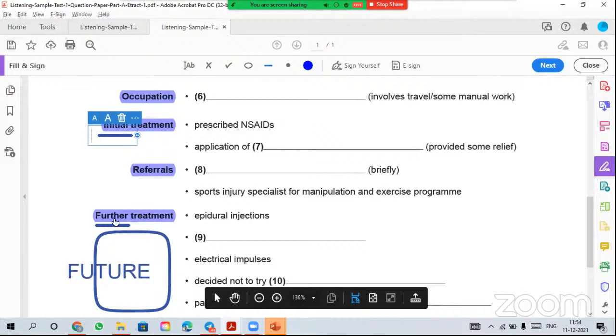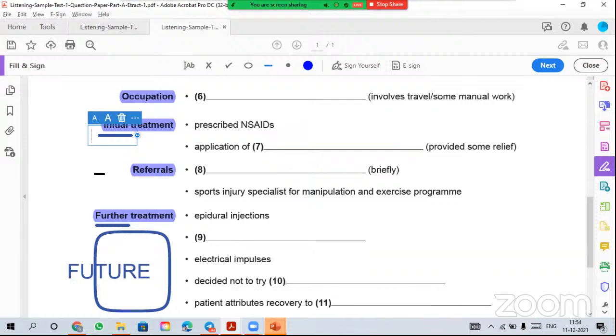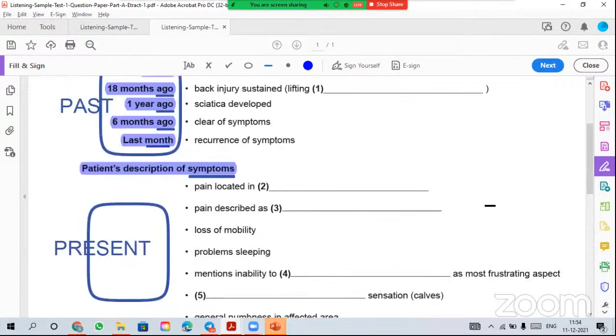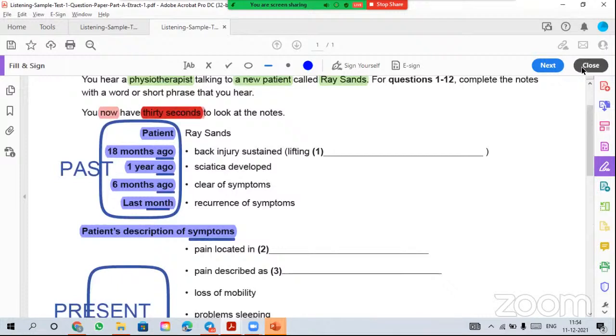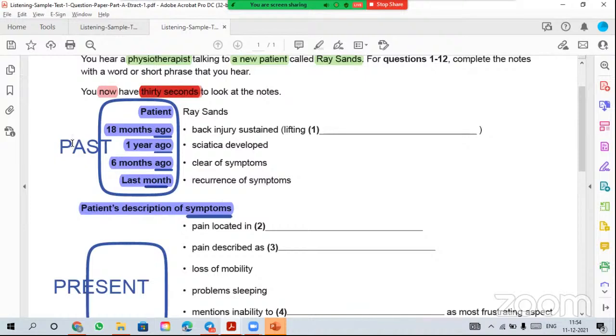Before, after. Initial means before. You should be able to understand. In the speaking, he will say before, after, but here he is writing initial, further. So first, later. First, next. Like that, he may change any type of word. You have to be able to identify that, then it will be easy for you. It may be any style.